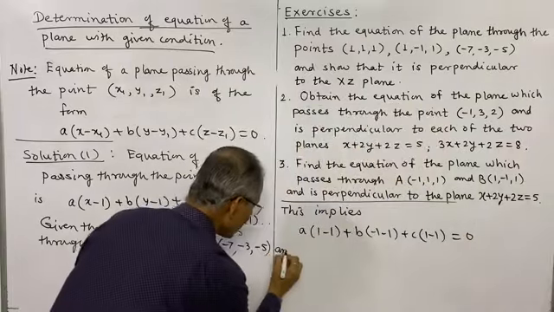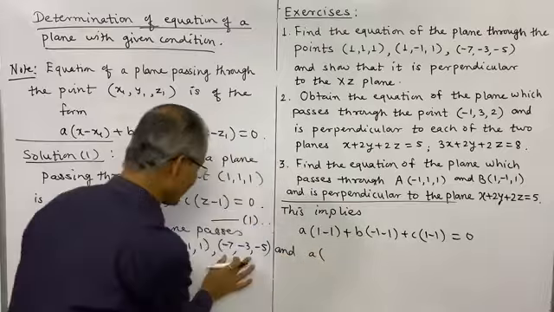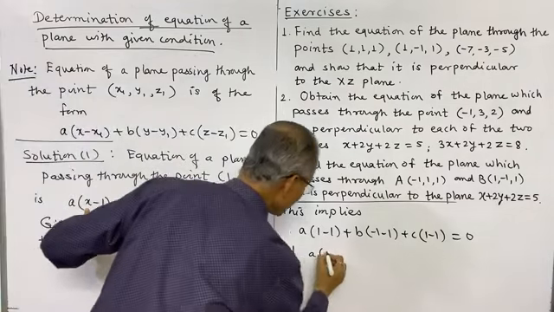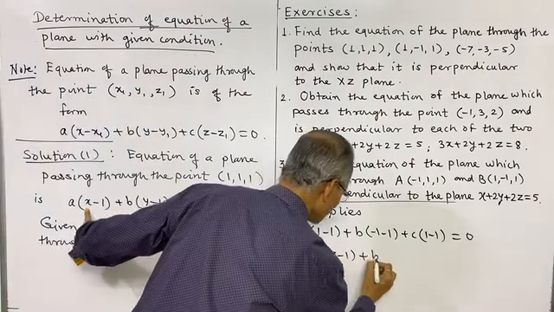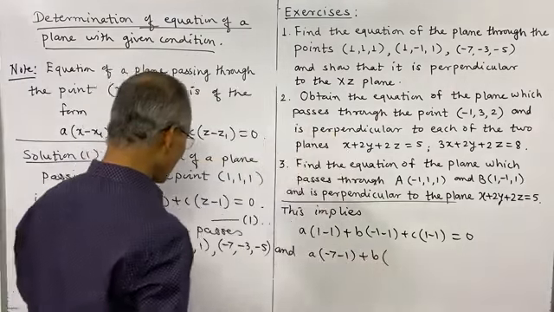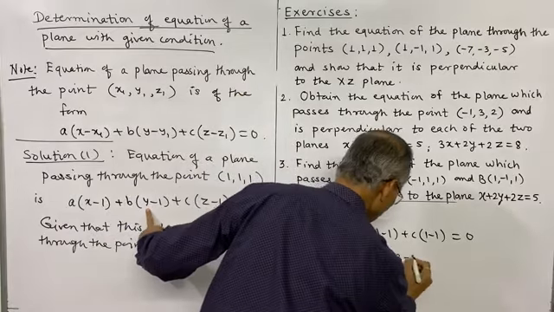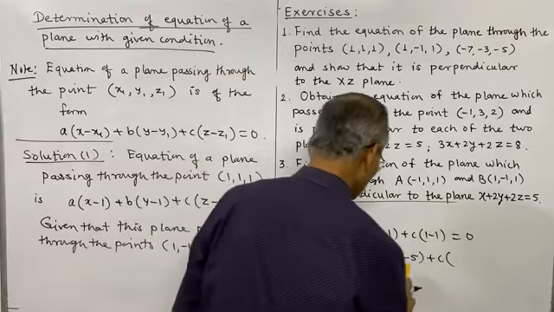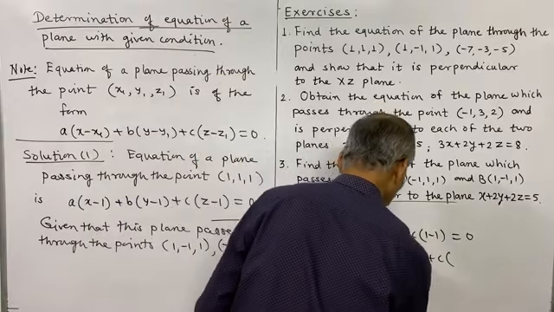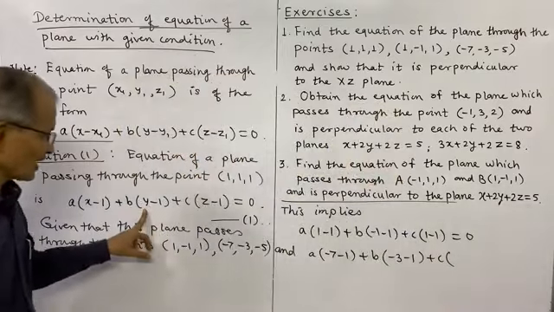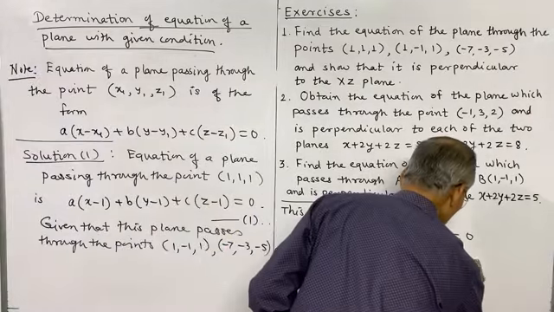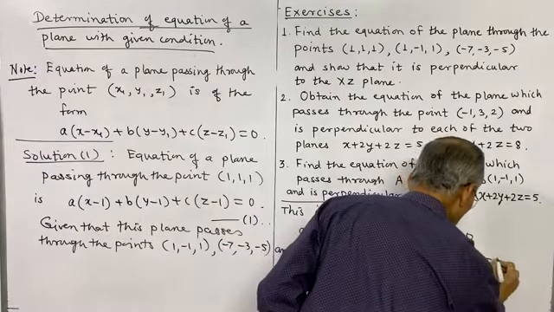And what about the second? This point lies on the same plane. So a into x, that is negative 7 minus 1, plus b into y, that is minus 3 minus 1, and c into z, that is minus 5 minus 1, is equal to 0. So what does that give further?